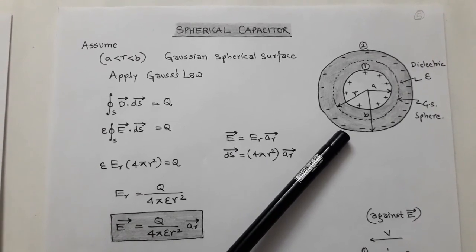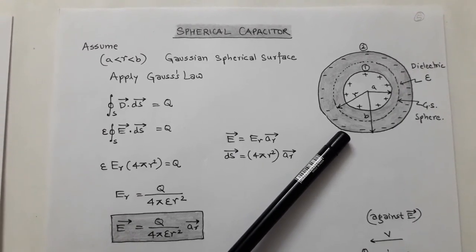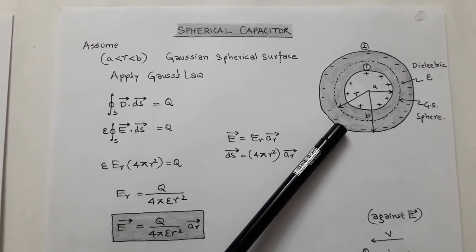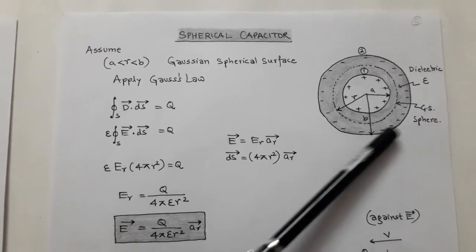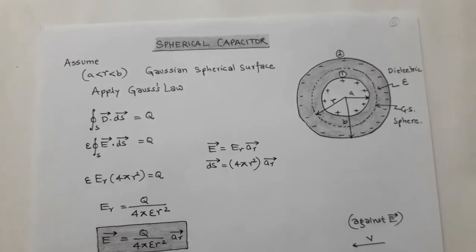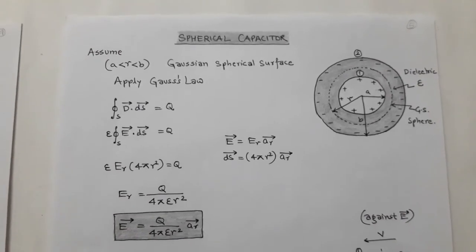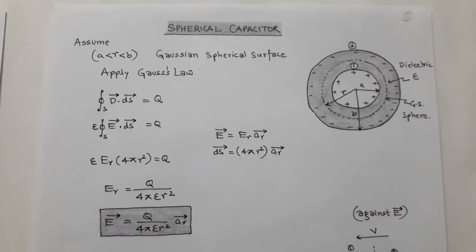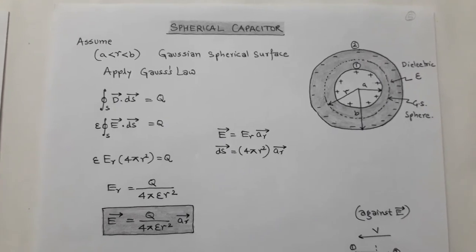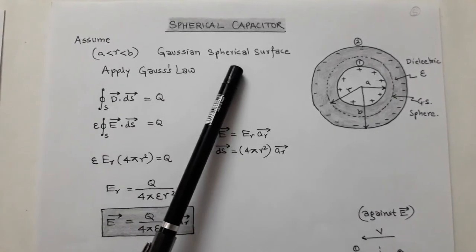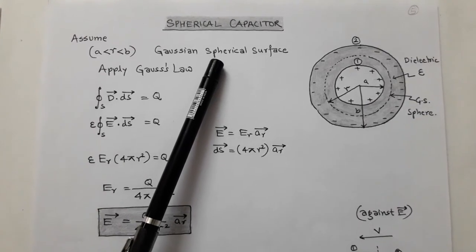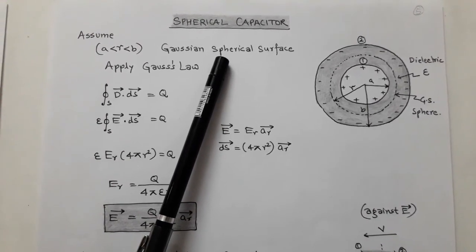In between sphere 1 and 2 there is a homogeneous dielectric having permittivity epsilon, that is epsilon equals epsilon naught epsilon r.